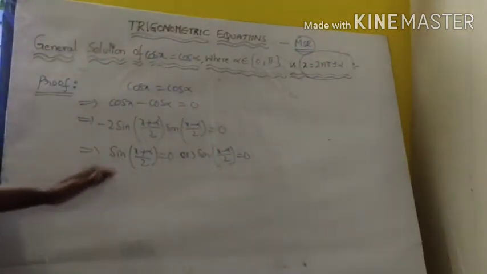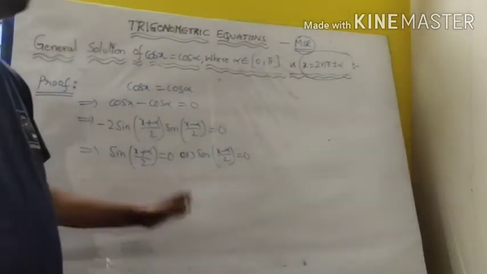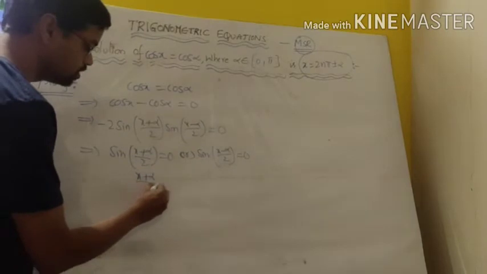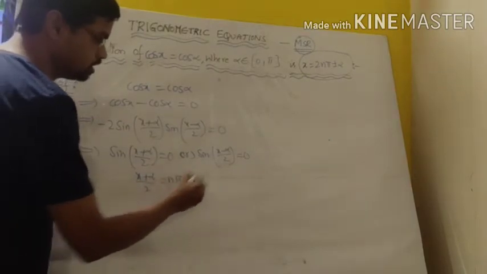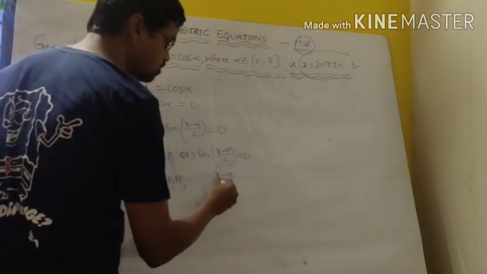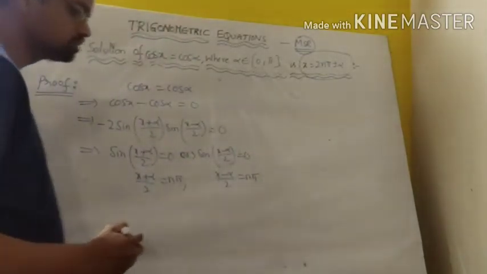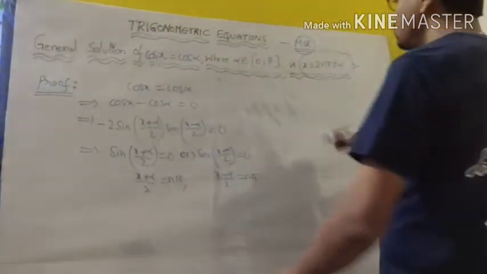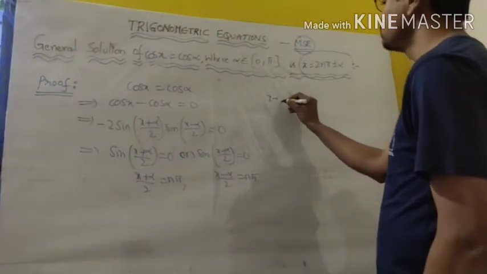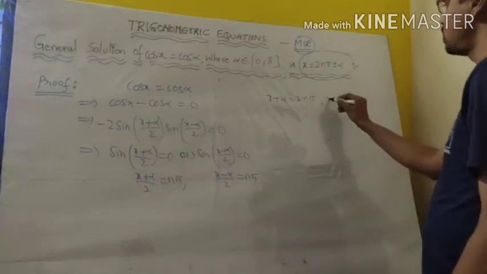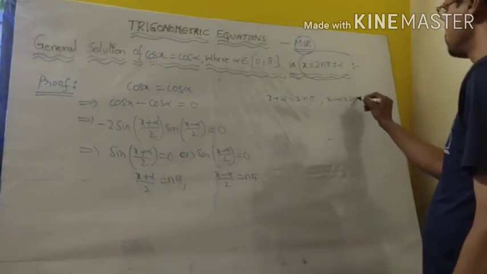Now we know that sin is 0 for all multiples of pi, that is (x plus alpha) by 2 equals n pi, and here (x minus alpha) by 2 equals n pi. That means x plus alpha equals 2n pi, and here x minus alpha equals 2n pi.